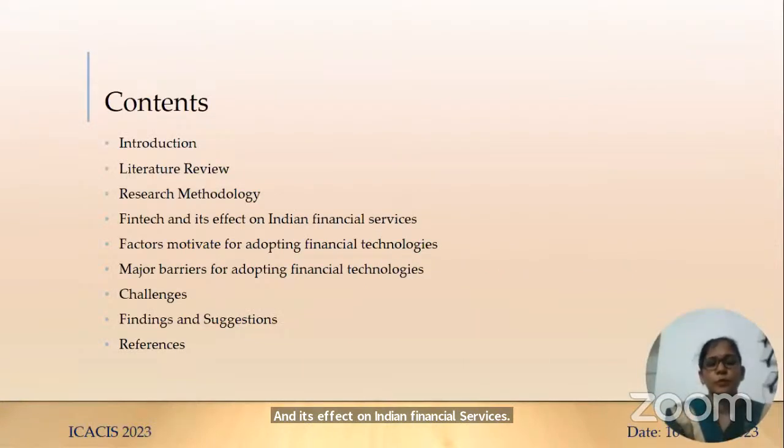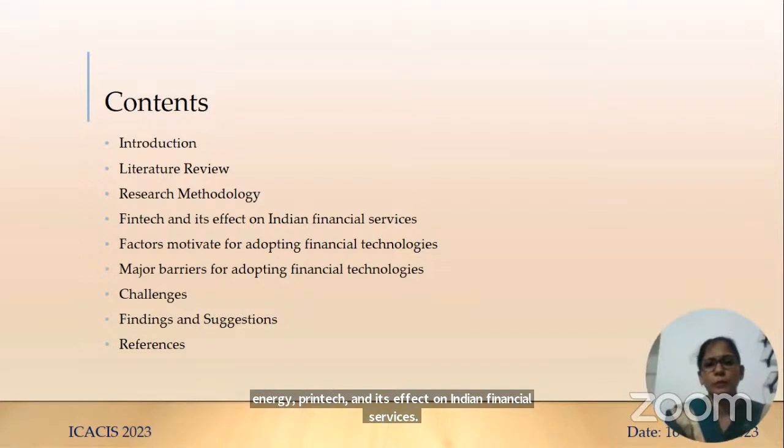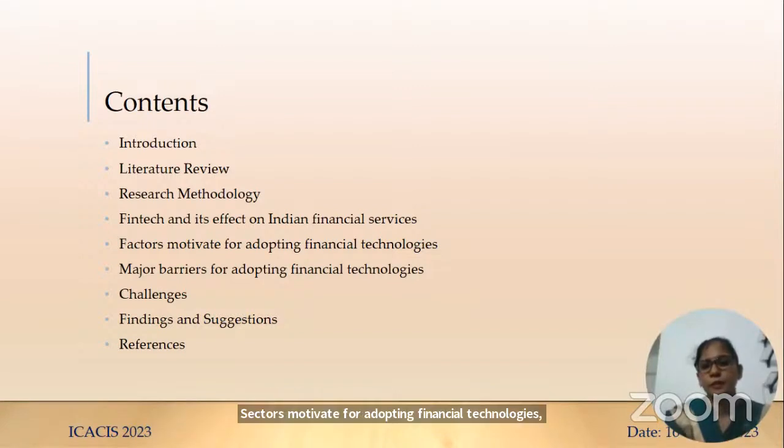These are the topics to be covered during the presentation: introduction, literature review, research methodology, FinTech and its effect on Indian financial services, factors that motivate adopting financial technologies, major barriers to adopting financial technologies, challenges, findings and suggestions, and references.